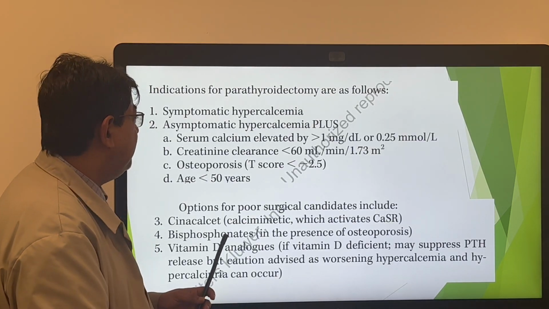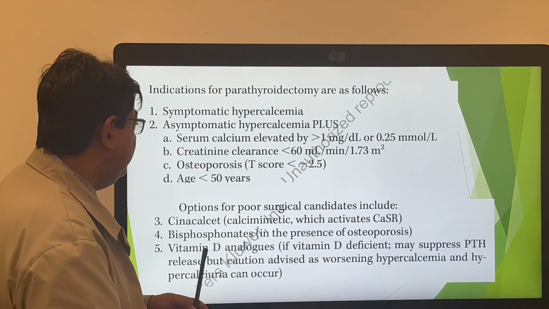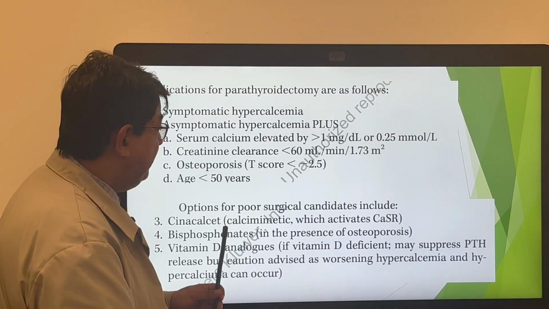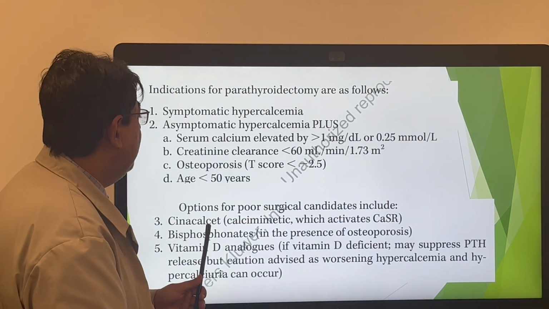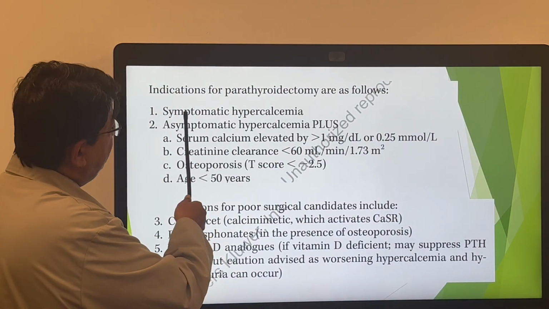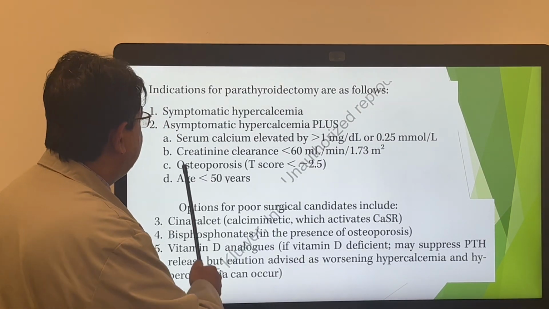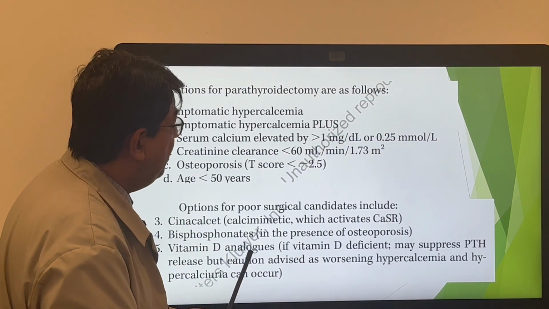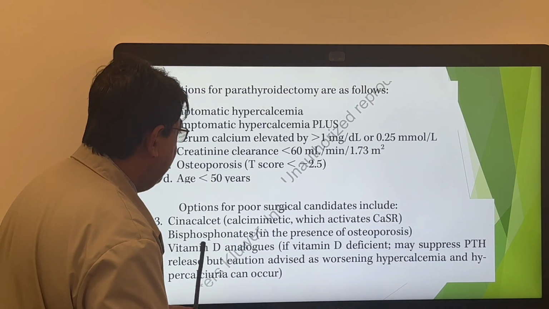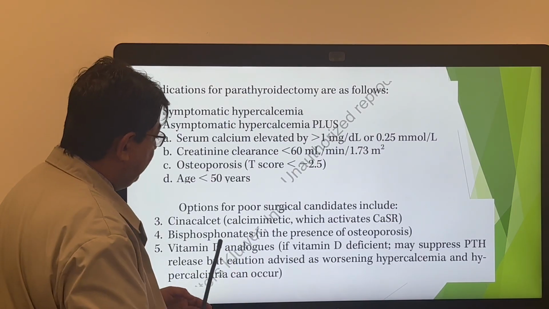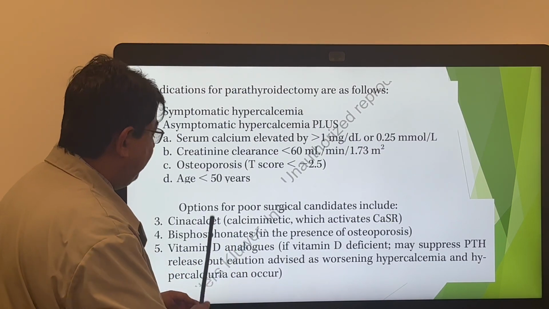So if you do have primary hyperparathyroidism, when do you do a parathyroidectomy? You don't always resort to surgery, obviously. The main indications would be symptomatic hypercalcemia, or if they're asymptomatic, plus the serum calcium is elevated by 1 milligram per deciliter or 0.25 millimoles per liter. If there's acute kidney injury, if there's osteoporosis, or if the patient is young.